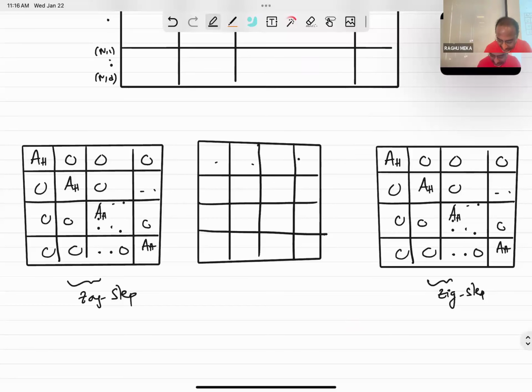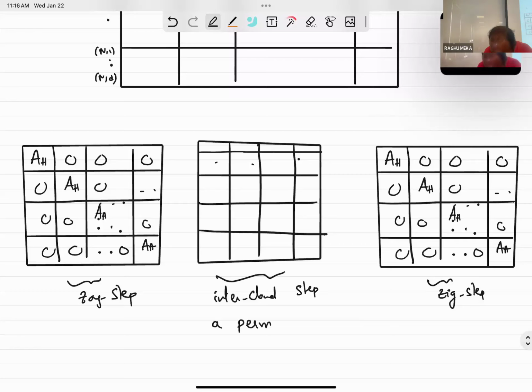Okay. It can have non-zero entries everywhere, but there can only be one non-zero entry per row because each vertex only has one green edge. Okay. So this is the intercloud step. And this is a permutation matrix.